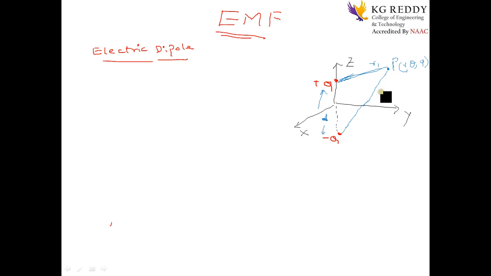minus q, is the other charge. Rather than saying q1 and q2, I will say the positive charge and the negative charge, because both charges have equal values with opposite sign. Let them be placed at distances r1 and r2.